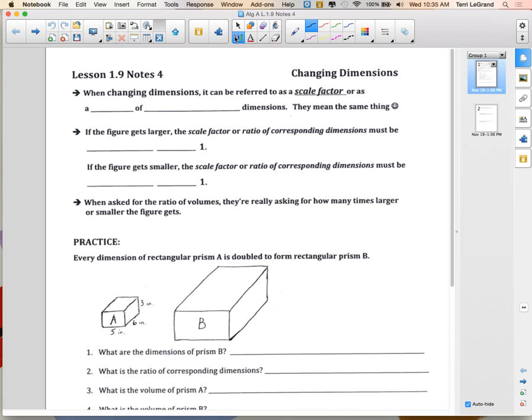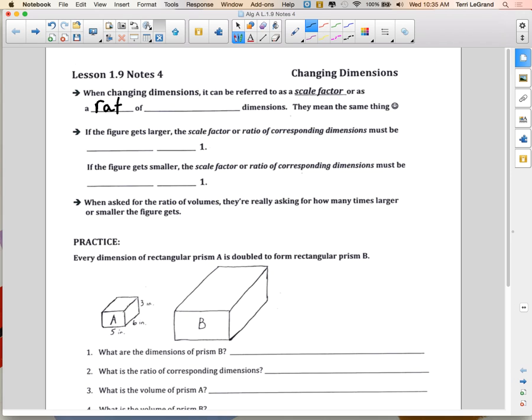how does the book like to call it? Ratio of corresponding sides. Yeah, ratio of corresponding sides. So they mean the same thing, don't they?